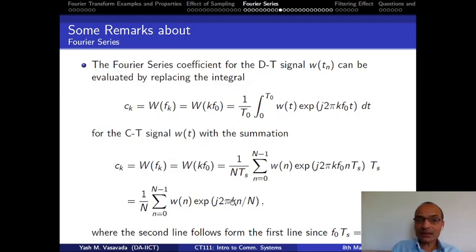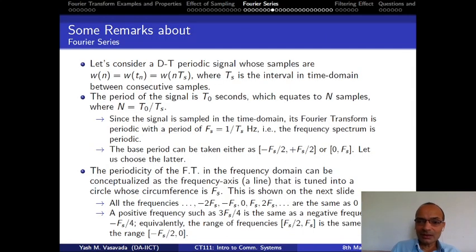We have said k is an integer, but what is the range of k? By the way, k represents frequency domain, n represents time domain. Although both are integers, their semantics are different. So what is the range of k? Remember, we are considering just the fundamental period 0 to F of s. Why are we considering the fundamental period?